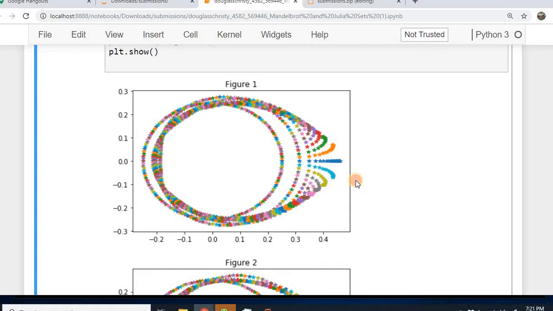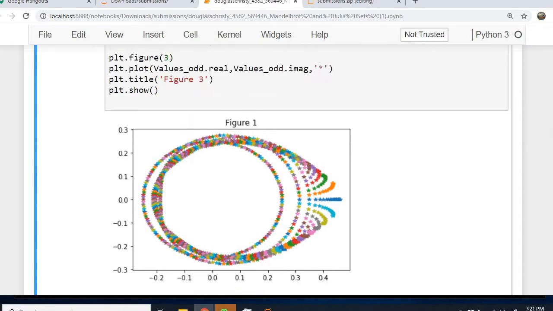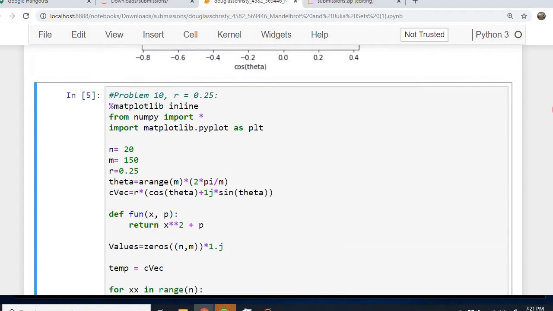But the fixed points themselves do not fill up the dark space. In fact, we can try that. Let's try a circle of c's with a smaller radius. This was r equals 0.25. Let's try something a lot smaller, like 0.05. And we'll see what happens and where those fixed points are.